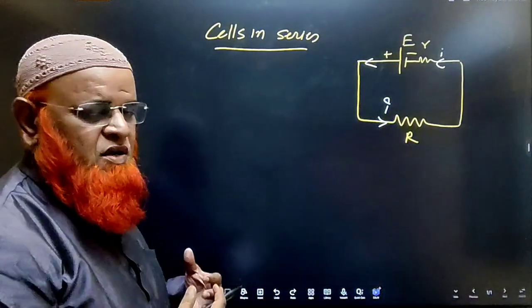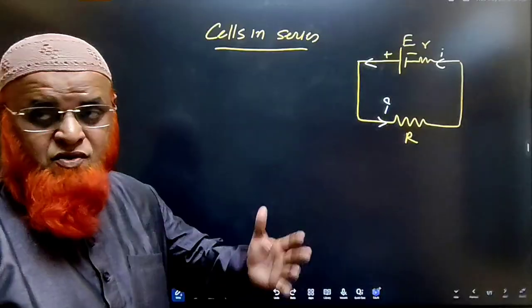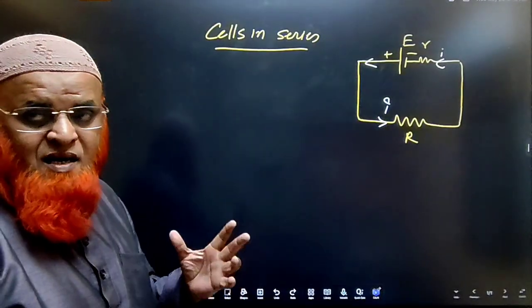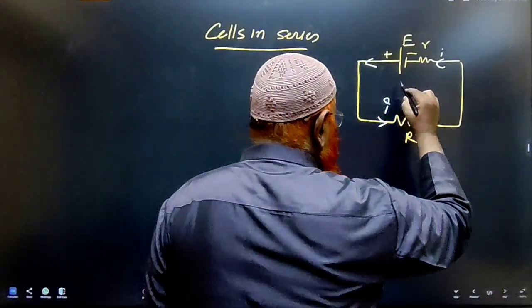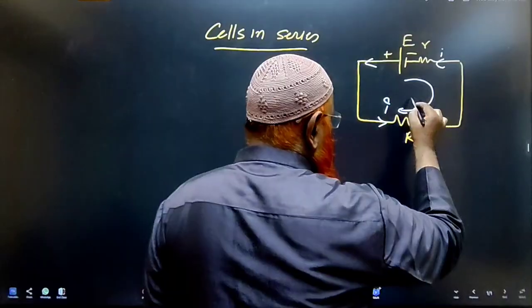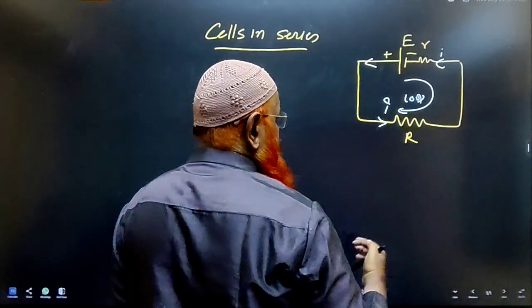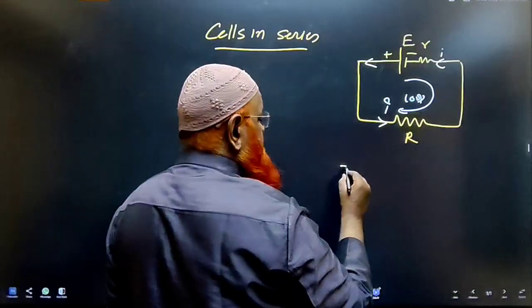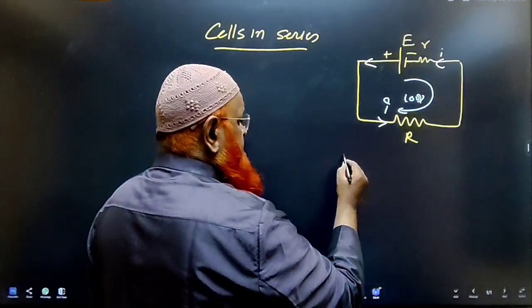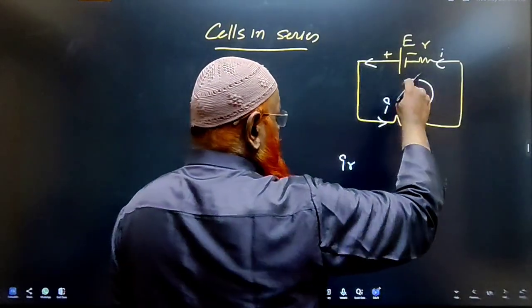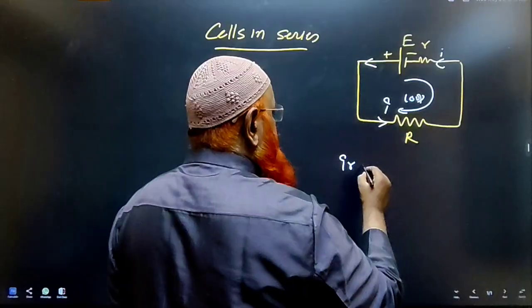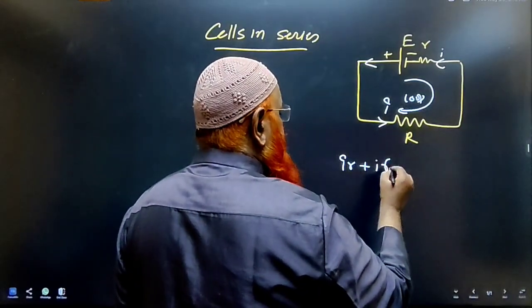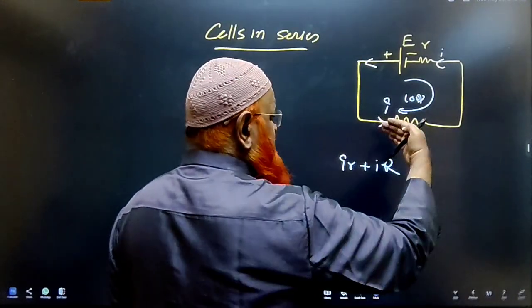Now, I will apply Kirchhoff's law and find out what is the current passing through this cell. I am going to apply Kirchhoff's law by taking a loop in a clockwise direction. If current and loop are in the opposite direction, we take plus I into small r. Here also plus I into capital R. Opposite direction.